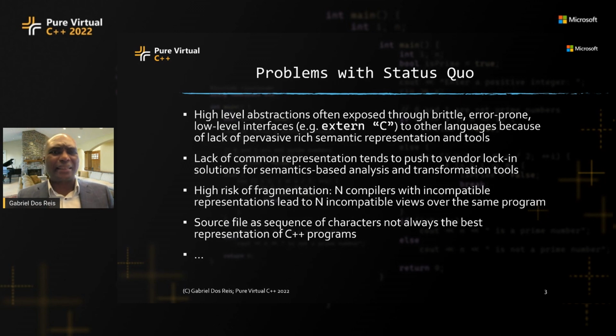The other thing that worries me is that because we do not have a community shared common representation, we have some form of fragmentation. Each compiler vendor would lock in their own solutions, and it becomes difficult to have code that's working on Windows compile on Linux or Mac, and to communicate between libraries, for example.